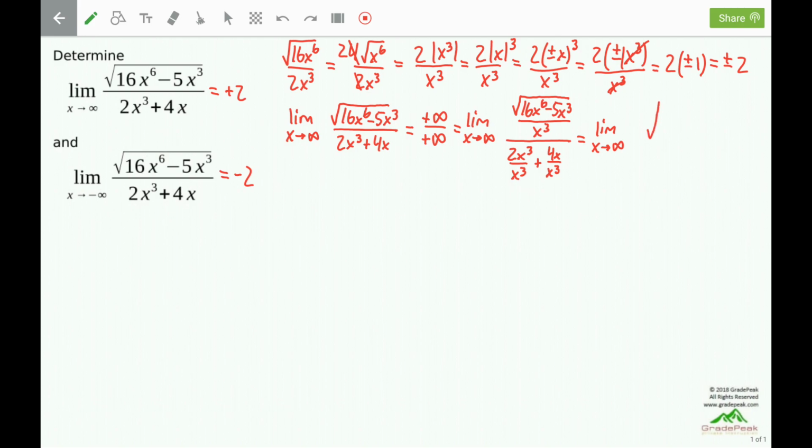In the numerator, the root can extend over the x cubed by writing it as x cubed squared, because the square root of x cubed squared will be x cubed. In the denominator, the first term, the x cubes, will fully cancel, leaving a 2. In the second term, one of the x's in the denominator will cancel with the x in the numerator, leaving a 4 over x squared.